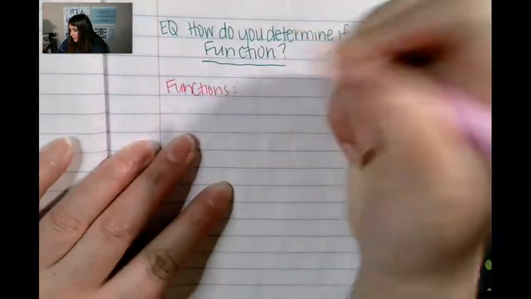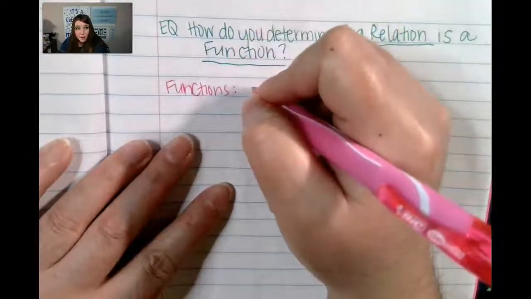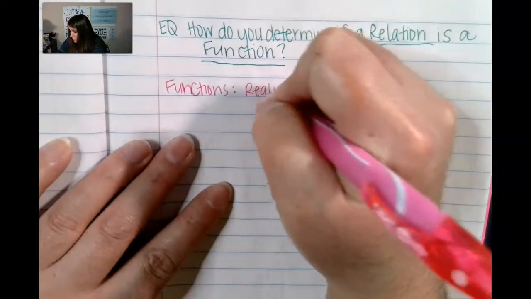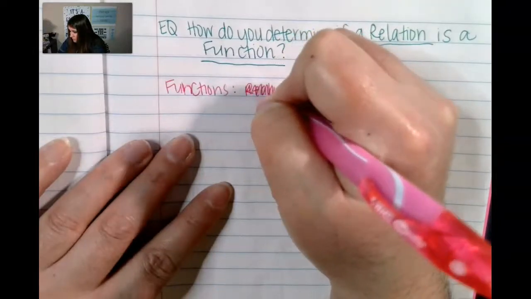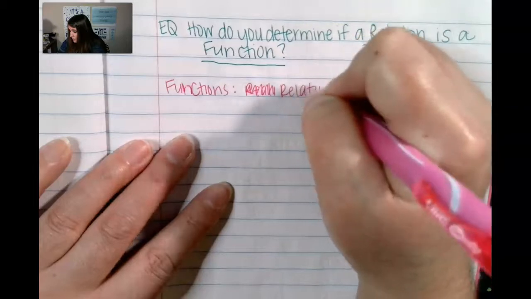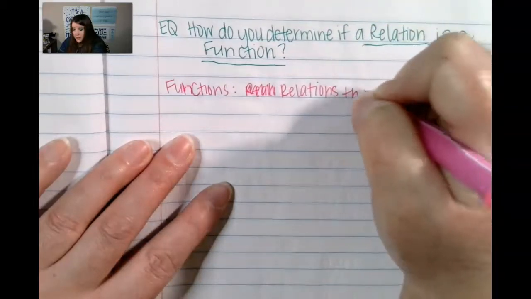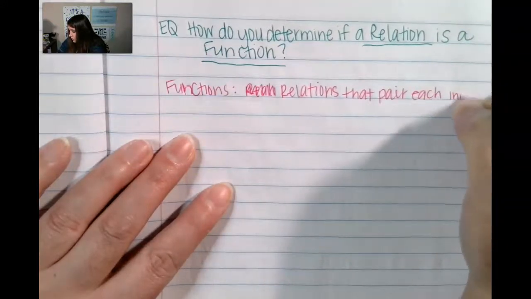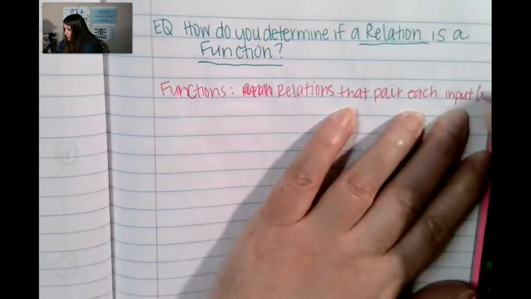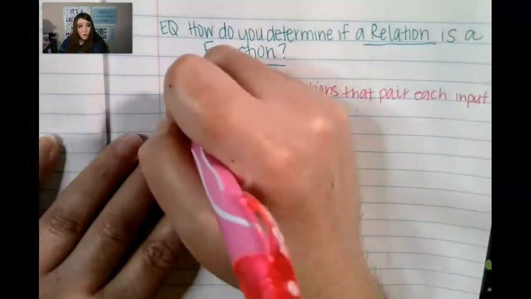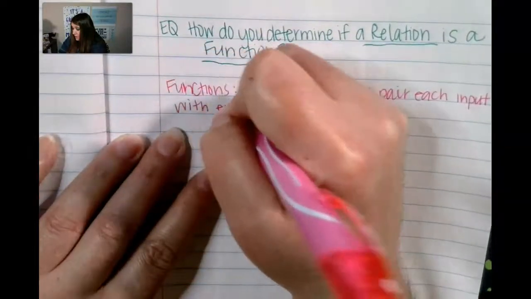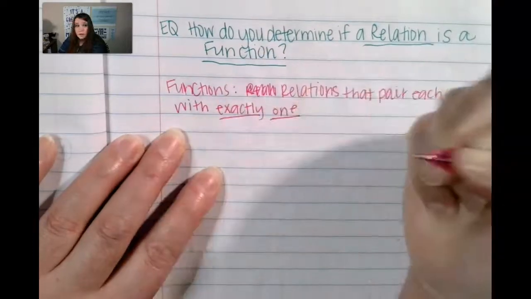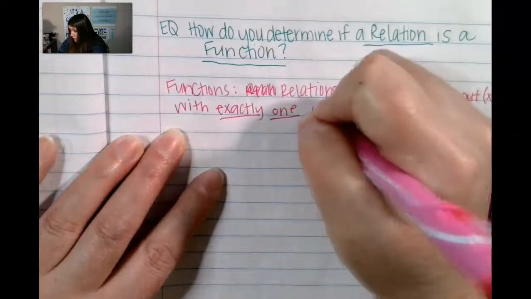Okay, so this function says that relations pair each input, and we know the input is the x value, with exactly one output, which is the y.